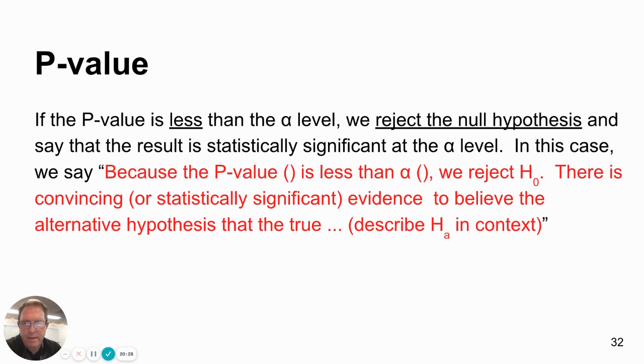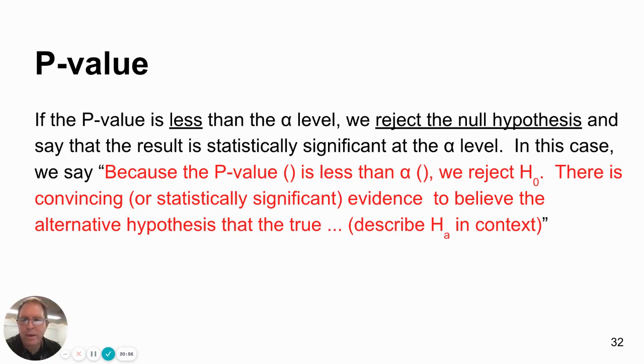Okay, let's give an example. This is how you're going to conclude your FRQs when you're testing a hypothesis. If the p-value is less than alpha, we reject the null hypothesis and say that the result is statistically significant at the alpha level.